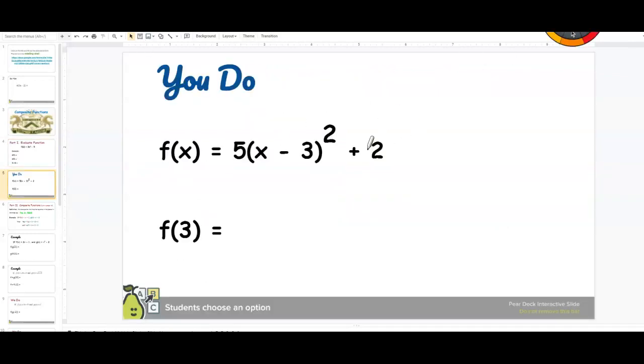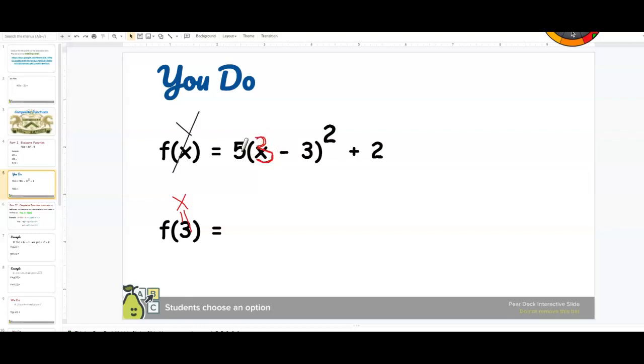So here is a question for you to do. This time you have this equation, y equals this big equation, and this time you're going to plug in x equals 3. So whenever you see x, replace it by 3. So here x is here, erase it and put a 3 in the same place.